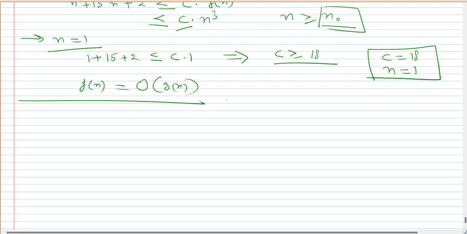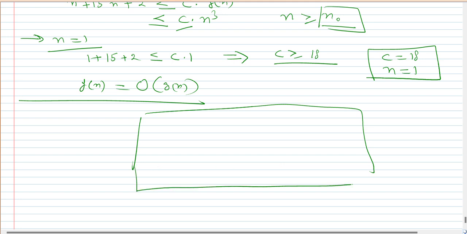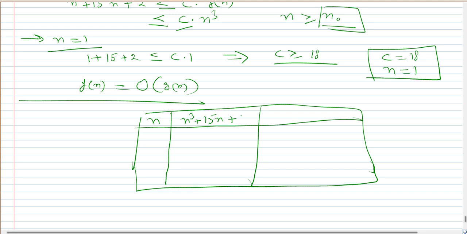If you want to check whether our statement is correct or not, you can draw a table like this and check for different values of n. Suppose these are the different values of n, and this is our n cube plus 15n plus 2 and 18 n cube.